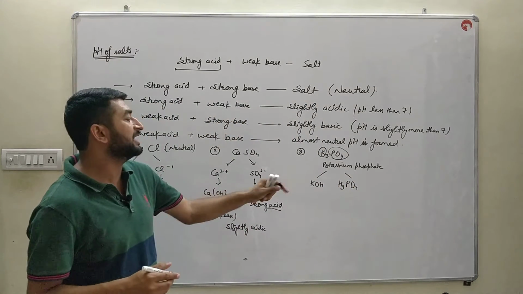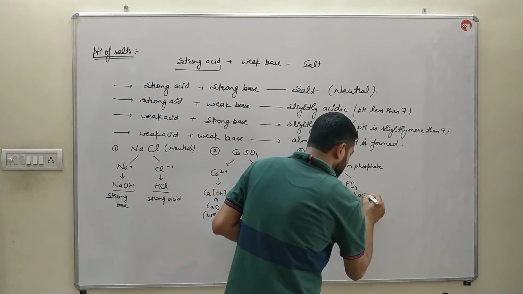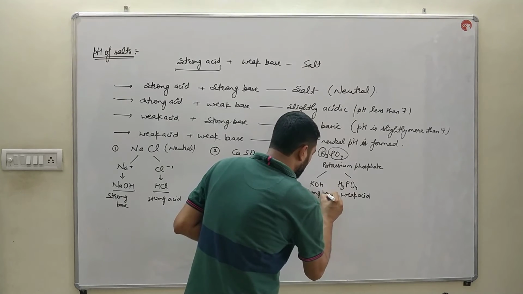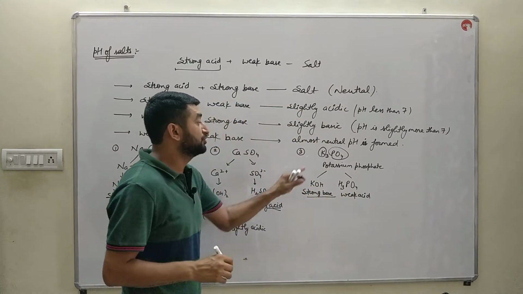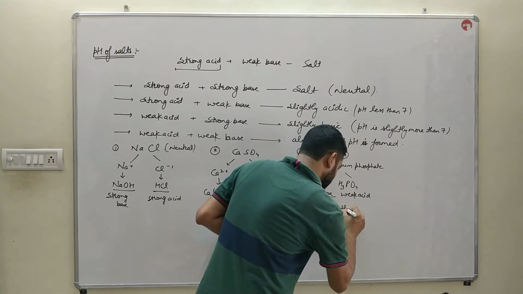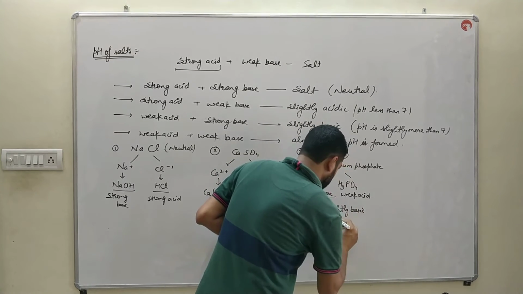So phosphoric acid is a weak acid, and KOH is a strong base. So this salt is slightly basic in nature.